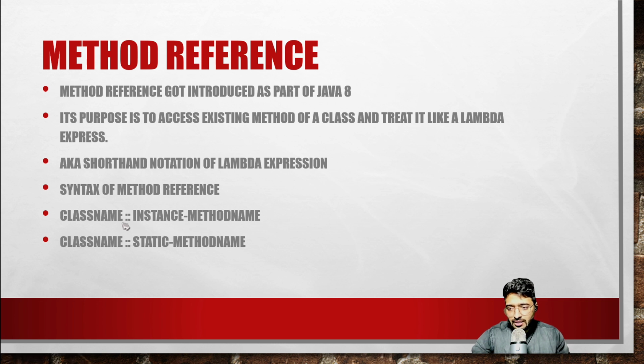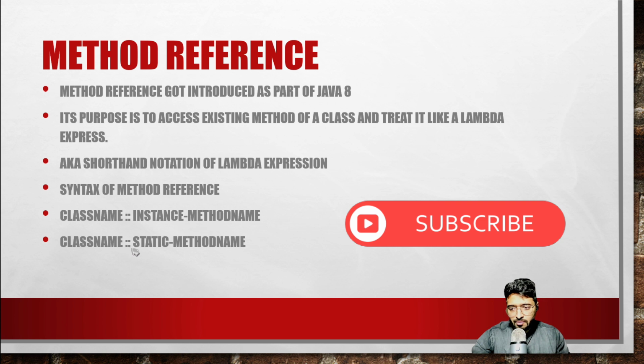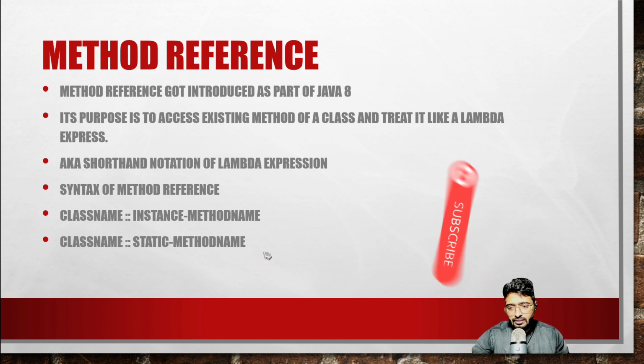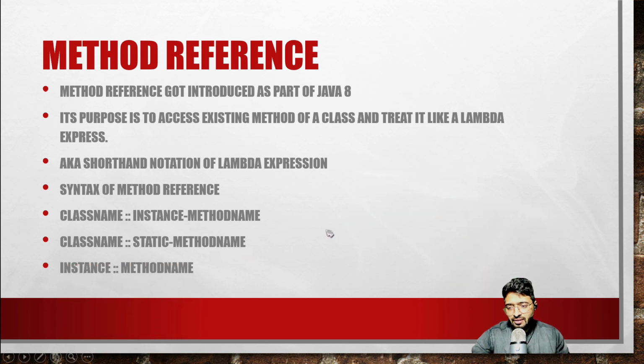Note that this double colon is the actual method reference syntax, so this whole thing constitutes the method reference. This double colon operator was introduced in Java 8. The next syntax is that you can use the instance with the double colon and the method name. We will see all of these examples in our Eclipse IDE.